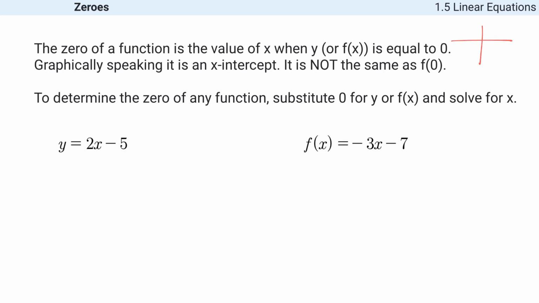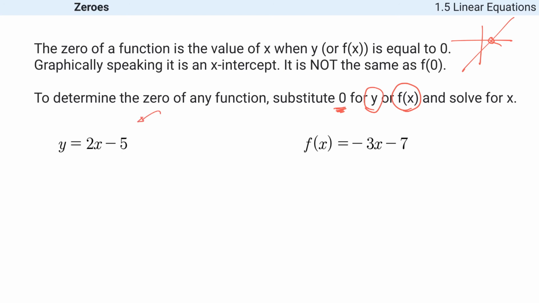Like if I have a linear function like this, that point right there would be an x-intercept, and you could also say it's a 0 because that's the point where y is equal to 0. So if you're ever trying to solve for a 0, basically what you do is you substitute a 0 in for wherever you see a y or wherever you see an f of x.